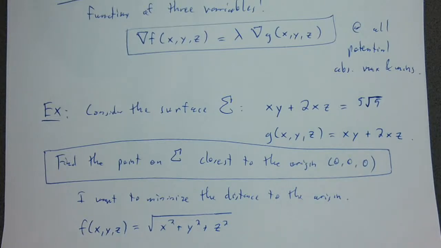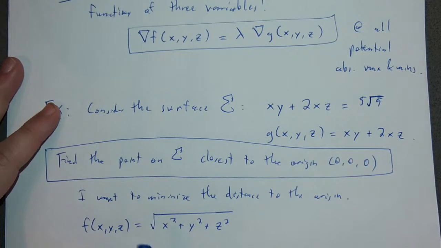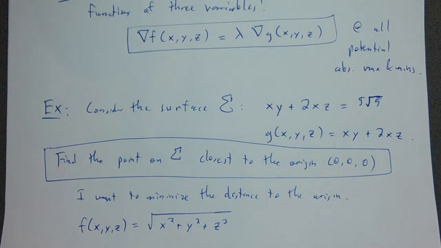Now, there's an old ancient trick that you maybe first saw in Calc 1 when it came to these sorts of problems. Imagine yourself starting to take derivatives of this thing. What's the problem? It's got this radical here. It's going to get really messy.